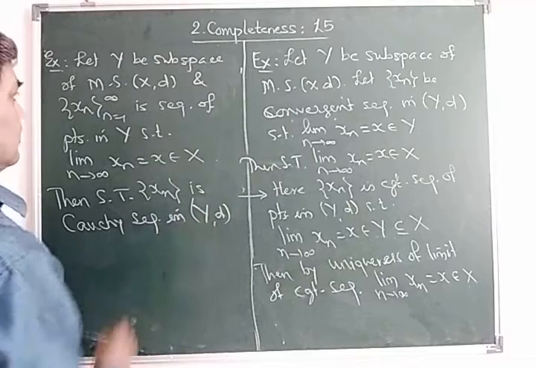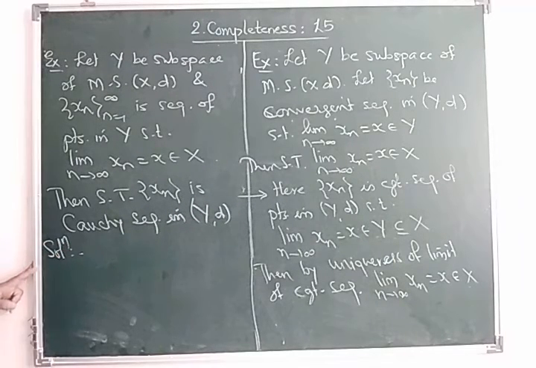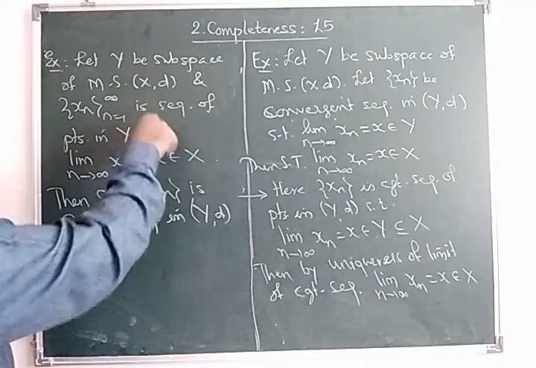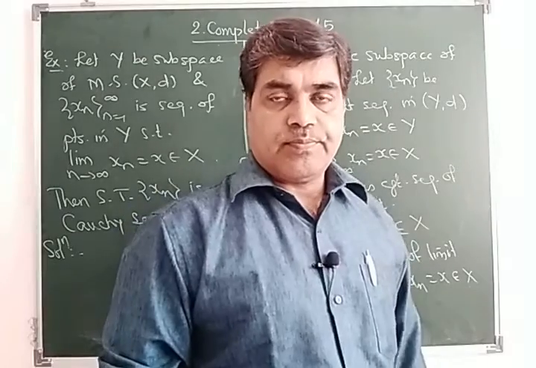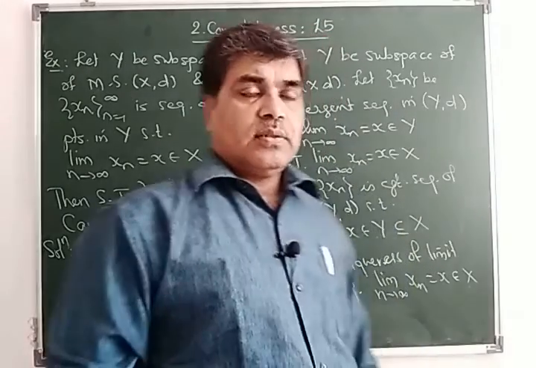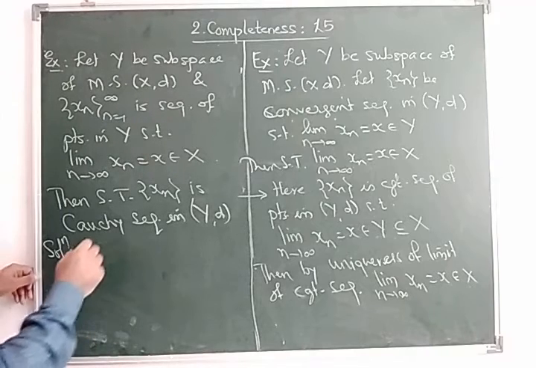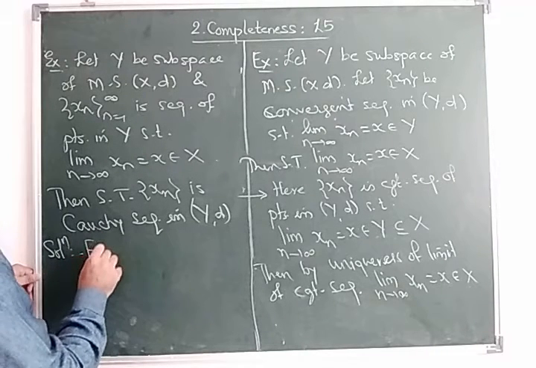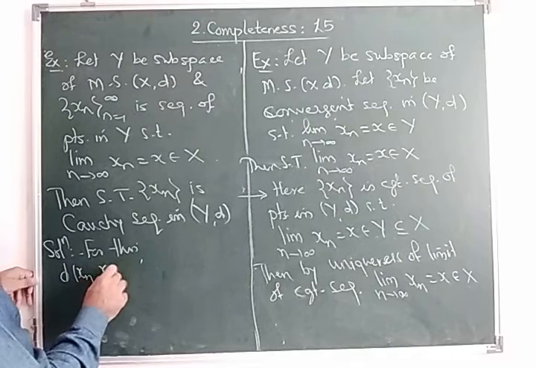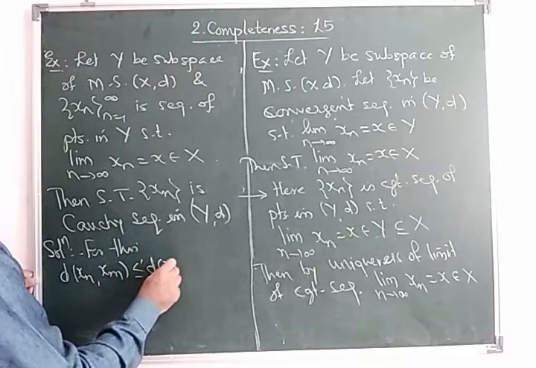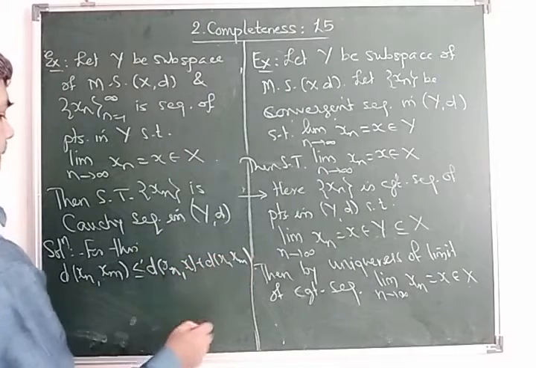Solution. Every convergent sequence is Cauchy. So for this, d of (xn, xm) is less than or equal to d of (xn, x) plus d of (x, xm), (1).